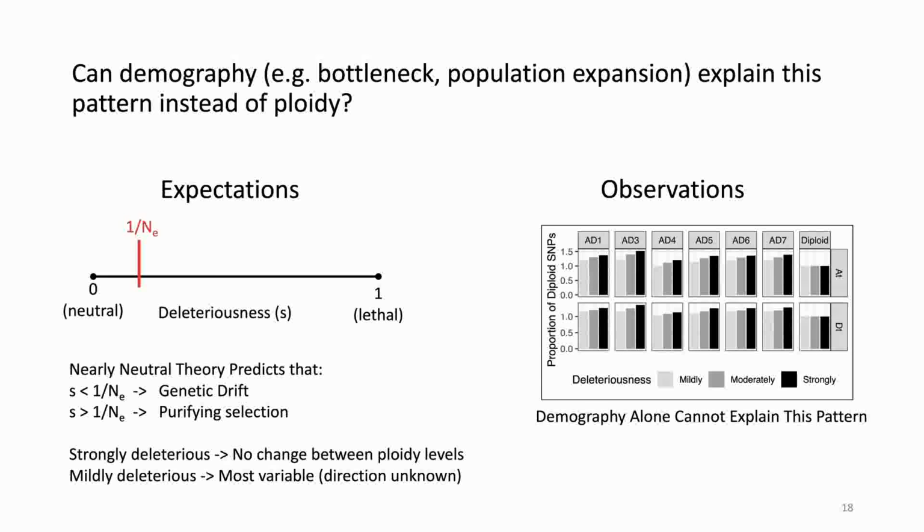However, when I categorize these mutations into strongly deleterious, moderately, and mildly deleterious, we actually see that the strongly deleterious mutations are the most increased in the polyploids relative to the diploids. And we see this in both of the subgenomes and for every species that we're looking at. So this pattern does not fit the expectations we would expect under a demography scenario alone, and it suggests that the polyploidy is actually playing a role in this process.